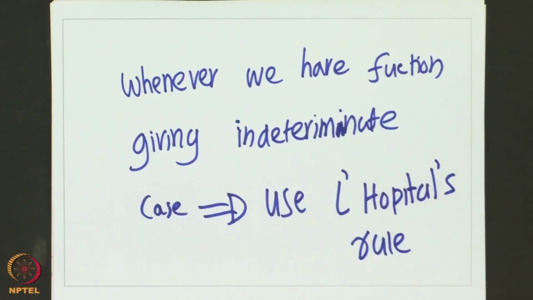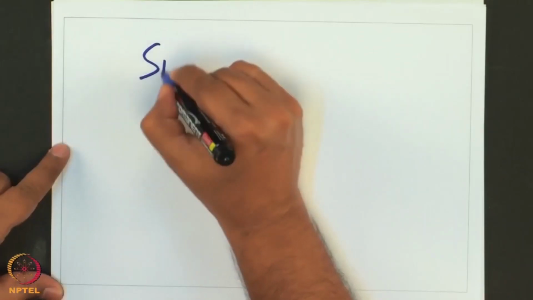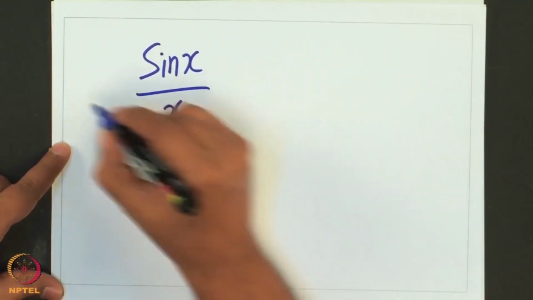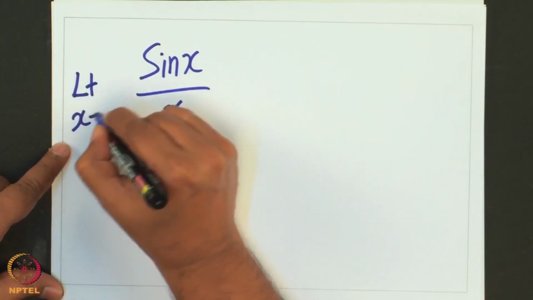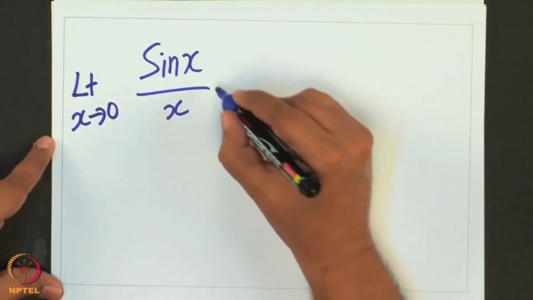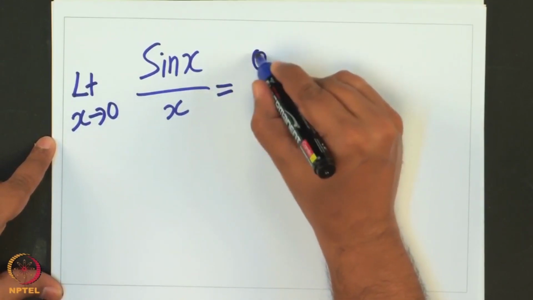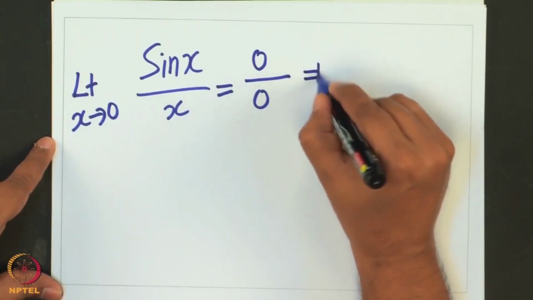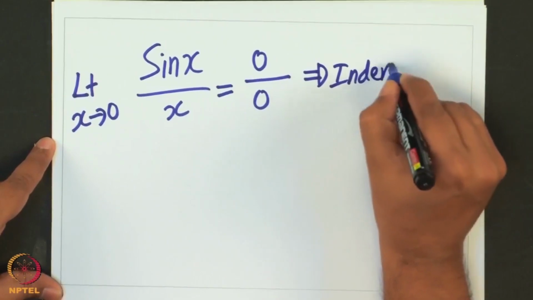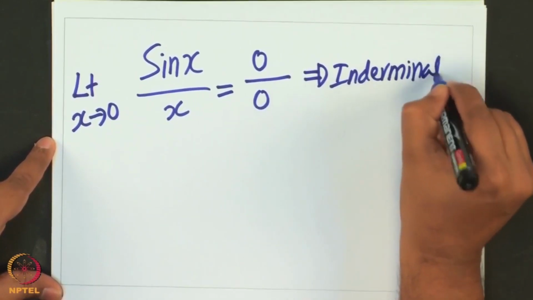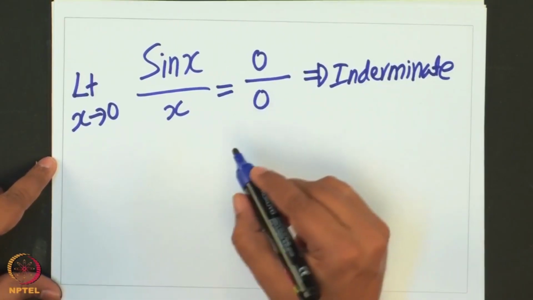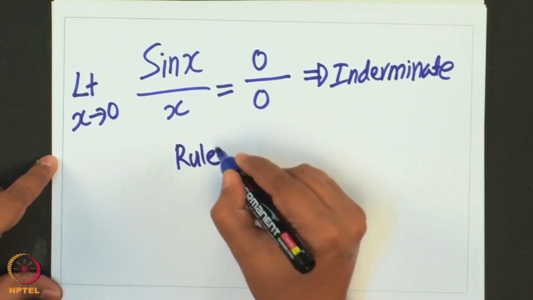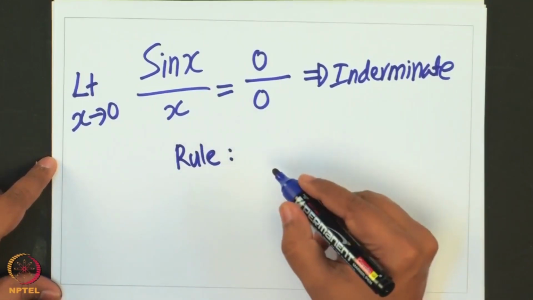Let us take the example of sin x by x. We want to calculate sin x by x when x is 0. Since sin 0 is 0 and x is 0, this is 0 by 0, which is indeterminate. The rule says, take the derivative of the numerator and denominator.